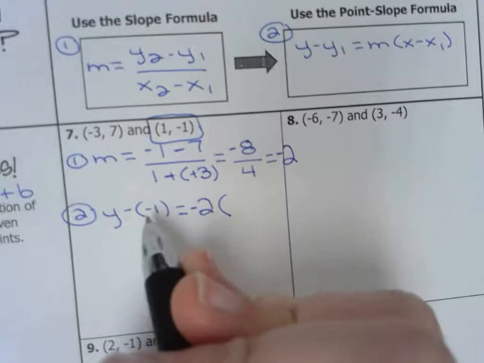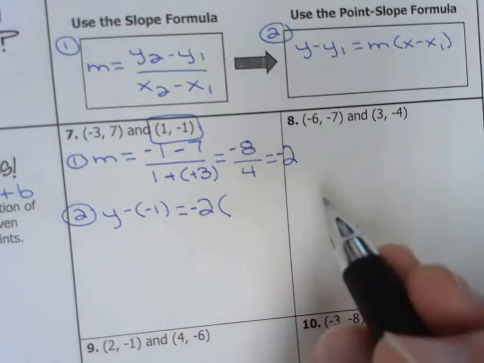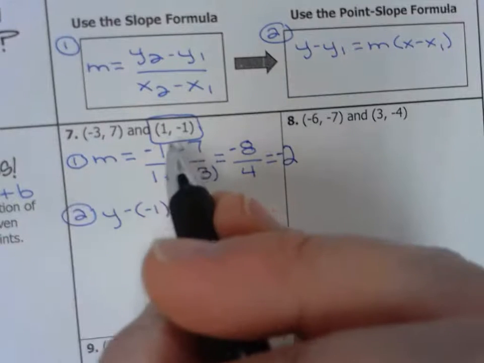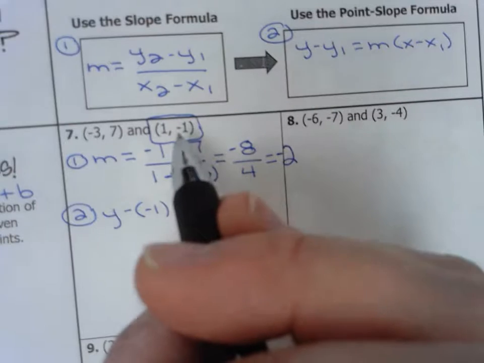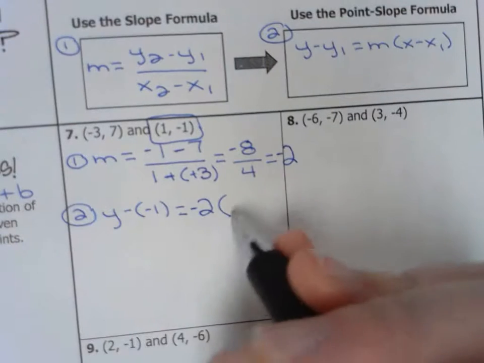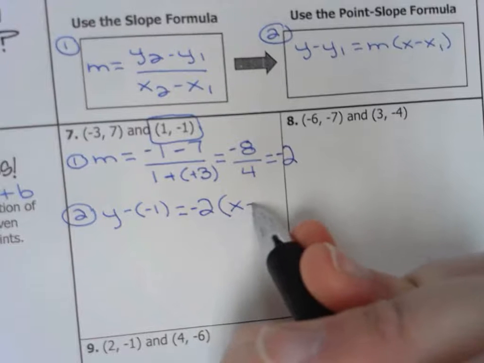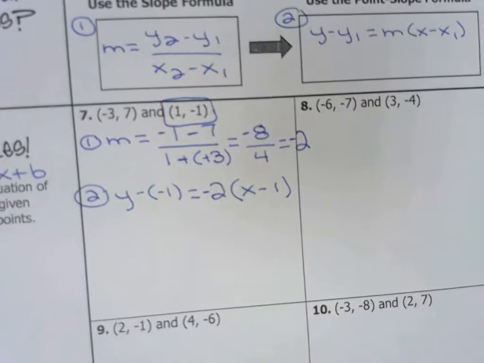You could have y minus 7, but then you'd have to use 3 for the x. It doesn't matter which ordered pair, but you have to take the x and y from the same one. So you could have y minus 7 equals -2 times x minus -3.